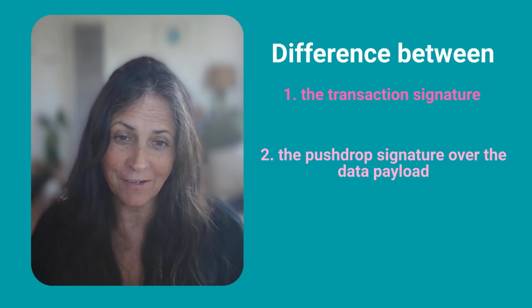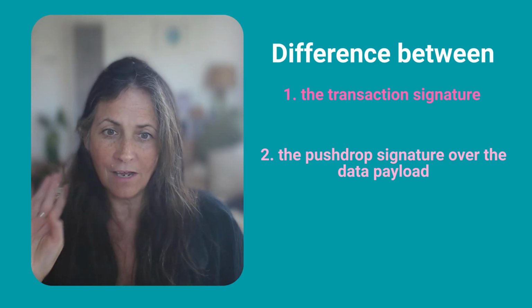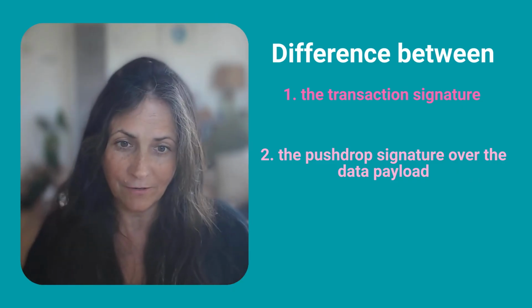The other quick thing I want to say about the push drop that is very unique is that you have the ability to put an ECDSA signature over the data payload. So in the locking script, that is the output side of a transaction build, you don't typically put an ECDSA signature, and that signature is not validated by the miners.